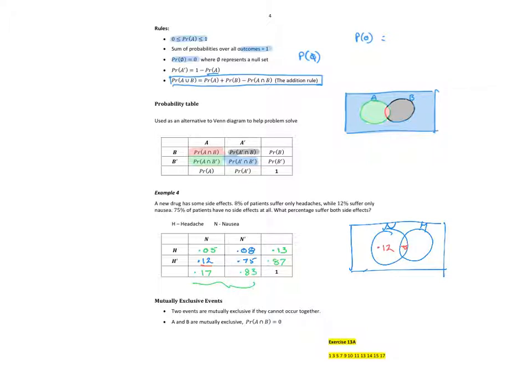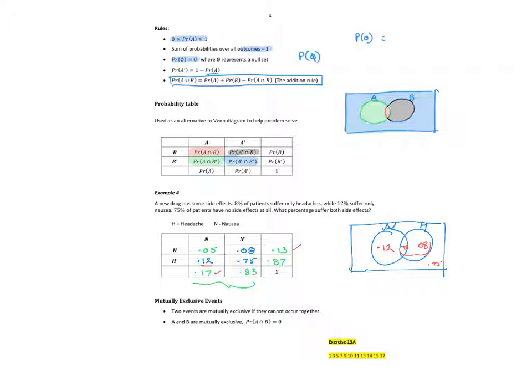If we suffer from a headache but no nausea, 0.08. So what does that mean? So all the people in nausea adds up to 0.17. All the people in headaches add up to 0.13. And then 0.75 would obviously be that section out here.